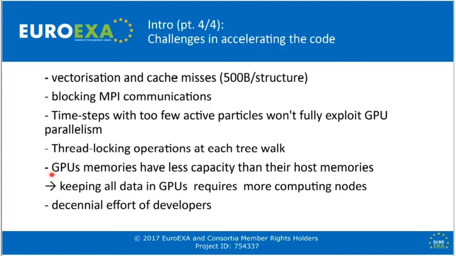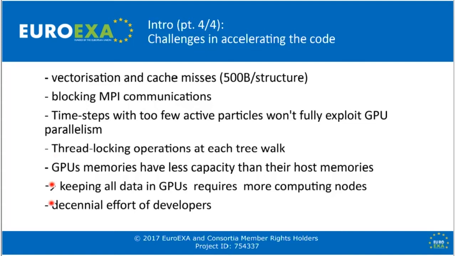I mean, if you have a problem that has maybe 10 to the 9 particles, if you are running on the CPU, you are going to use a smaller number of computing nodes than if you are running all the problem on the GPU, where you have less memory and you will have to use more computing nodes.